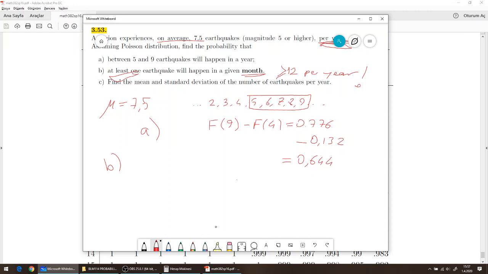So, in fact, it is the probability that x is greater than or equal to 12, and it equals 1 minus uppercase F of what? 11, because 12 is included.